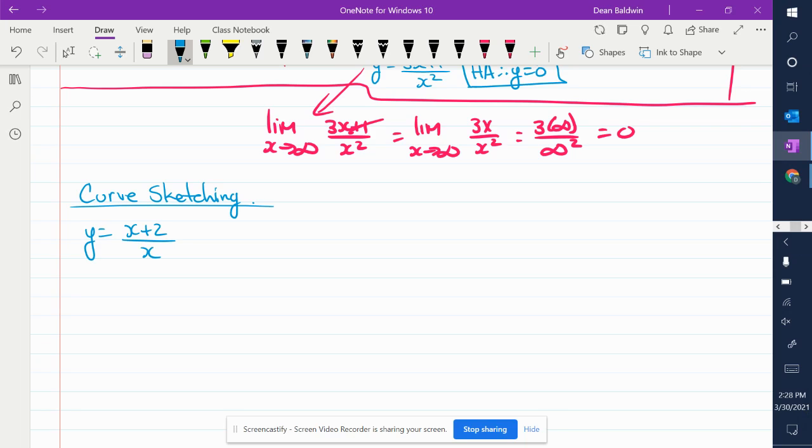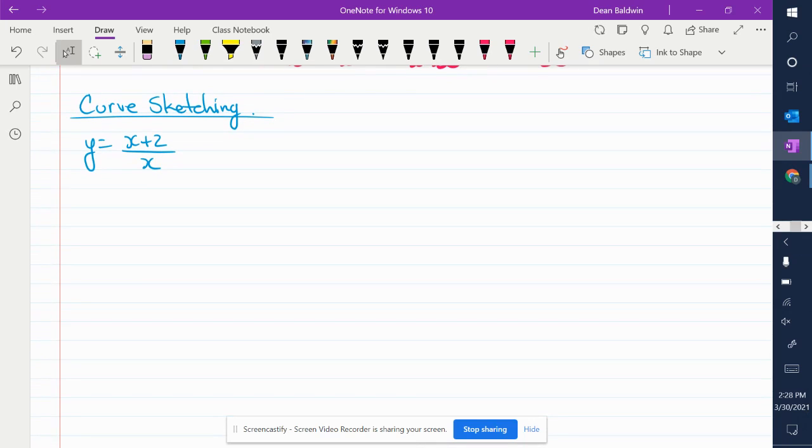I want to sketch this curve. y is equal to x plus 2 over x. I want to know x-intercepts, y-intercepts, horizontal and vertical asymptotes.